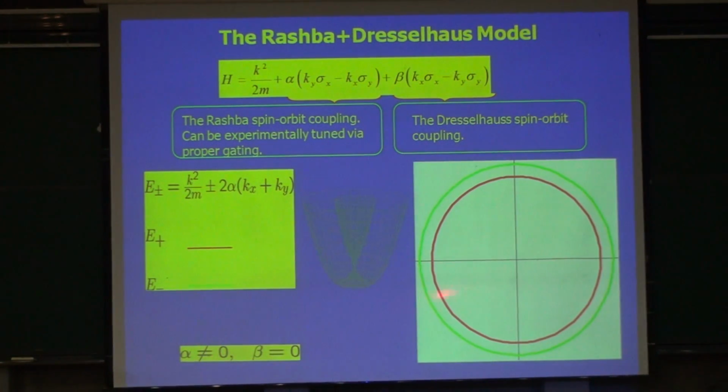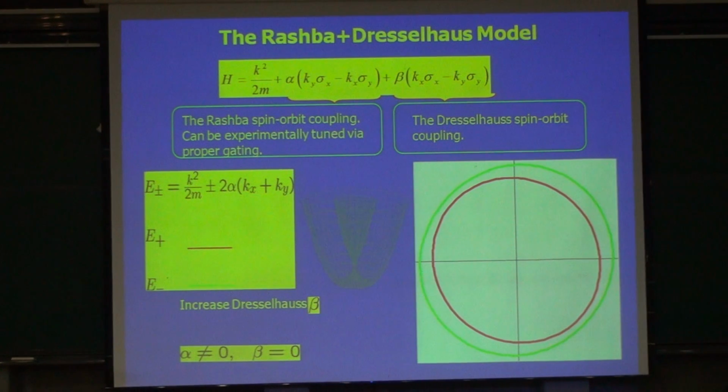This is a cross-section. At some Fermi energy, you will see the up electron and the down electron as concentric circles, one inner and one outer. This is a projection of a certain energy.